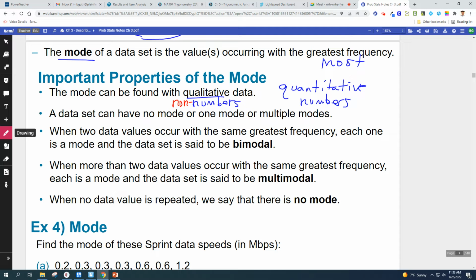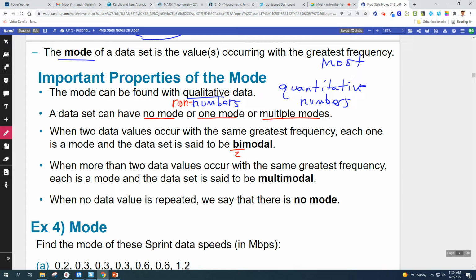A data set can have no mode or one mode or multiple modes. And that's the only time I think it gets confusing, is when you've got like 3 modes or something. When 2 data values occur with the same greatest frequency, each one is a mode, and the data set is said to be bimodal. Well, bi means 2, so if there's 2 of them.